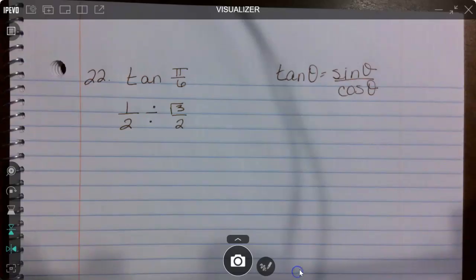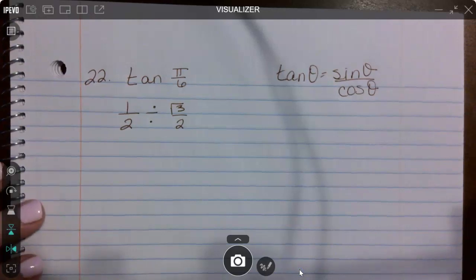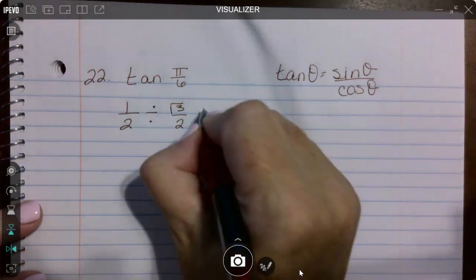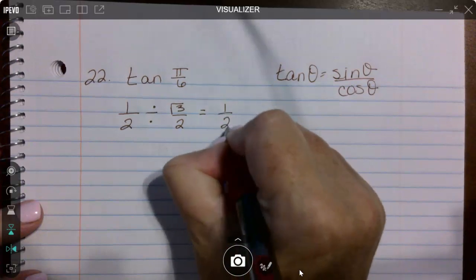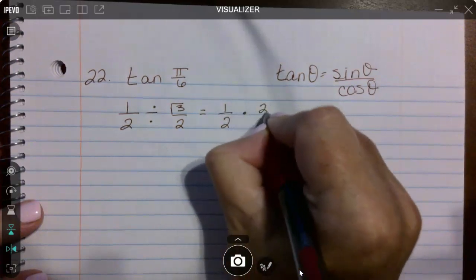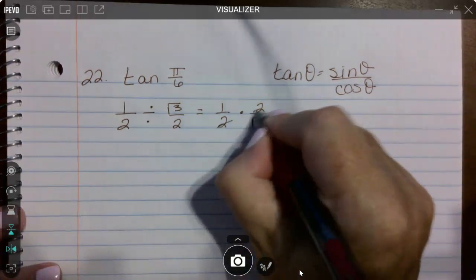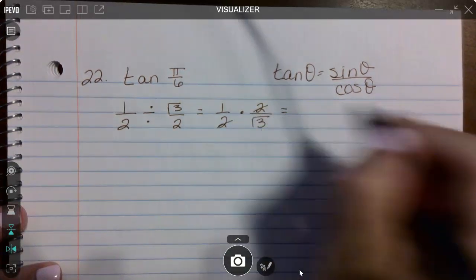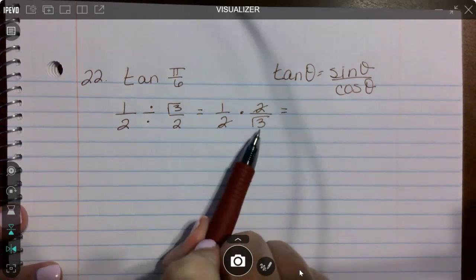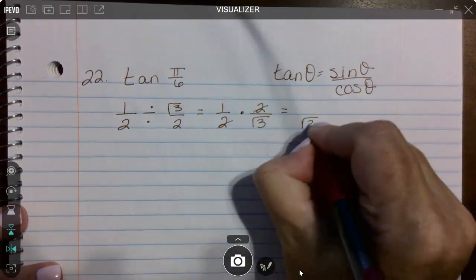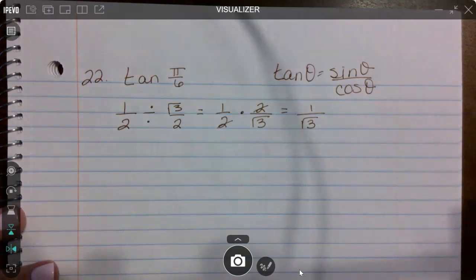Okay, so let me pull it back up. Here we go. We're going to keep, change, and flip. The 2's cancel. Now please, please, please, that square root of 3 is on the bottom, so it has to stay on the bottom.